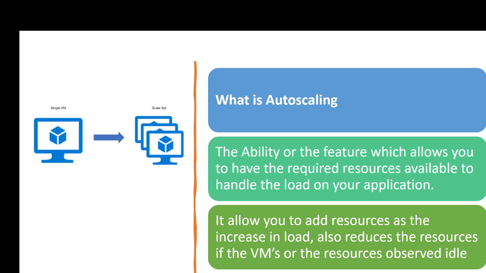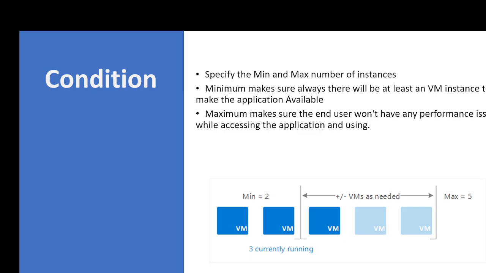It also allows you to add resources as load increases, and also reduces the resources if the VM resources are observed idle. The same thing I said. So you can mention, as soon as the utilization goes to 90%, increase, or as soon as the utilization comes to 40%, then you can reduce the size of the virtual machines to save the cost. Okay, that is what we call auto scaling.